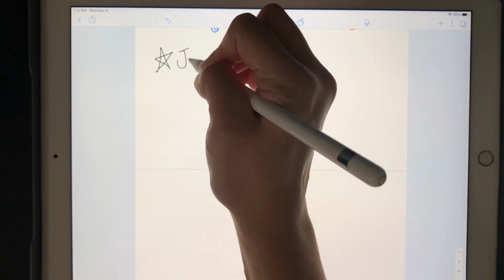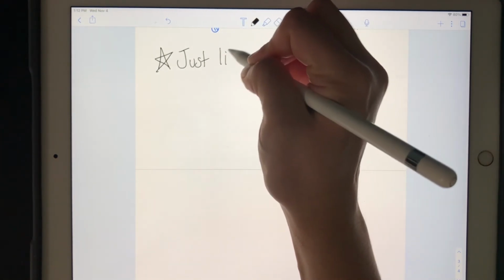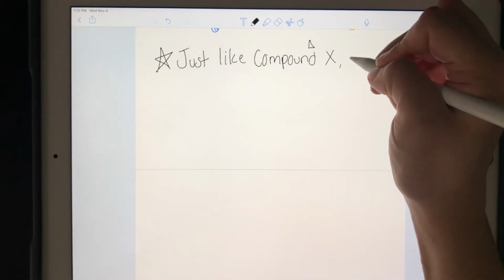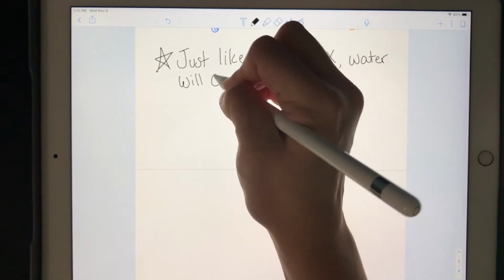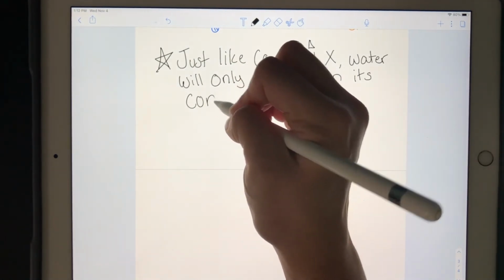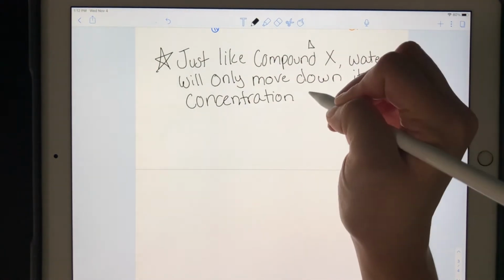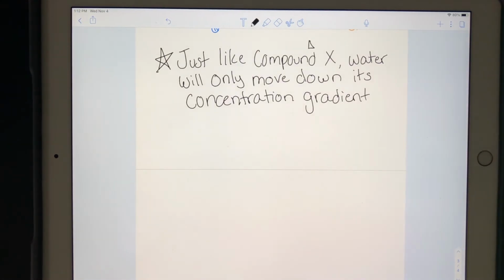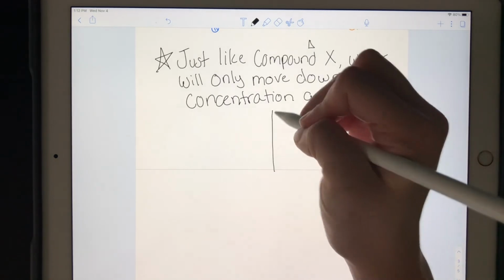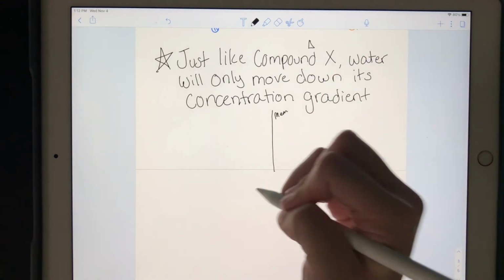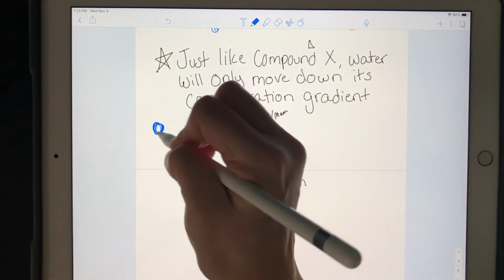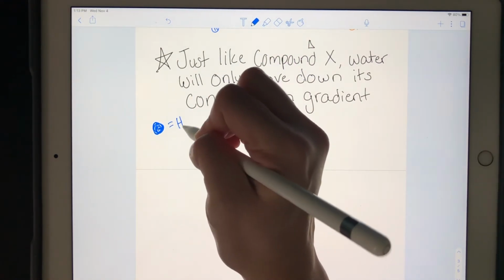We do have to keep in mind, however, that just like compound X, those triangles that we worked with earlier, water will only move down its concentration gradient. So I'm going to draw a membrane, outside, inside, and blue dots will equal water in this case.